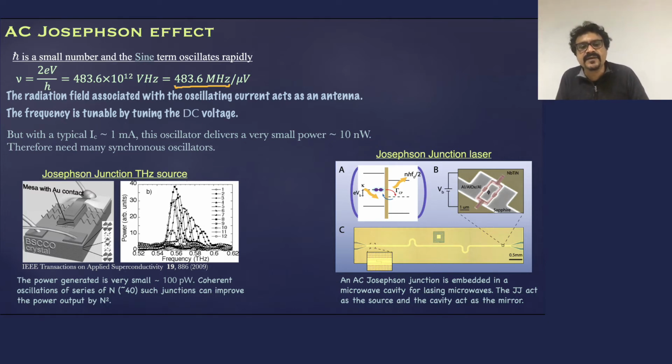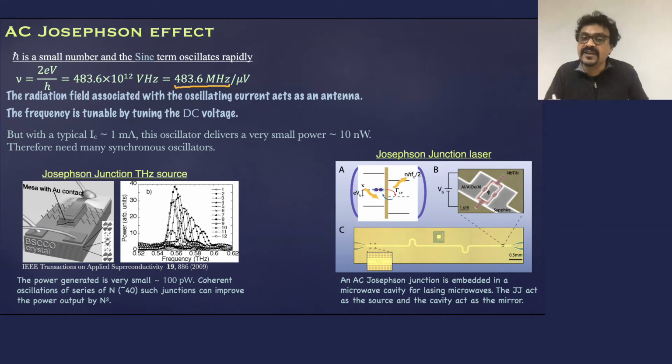Okay, and similarly, in this paper, what they were doing is they had a Josephson junction which is trapped in a cavity, which is embedded in a microwave cavity. So this is like a lasing system for microwave. So you have a source.